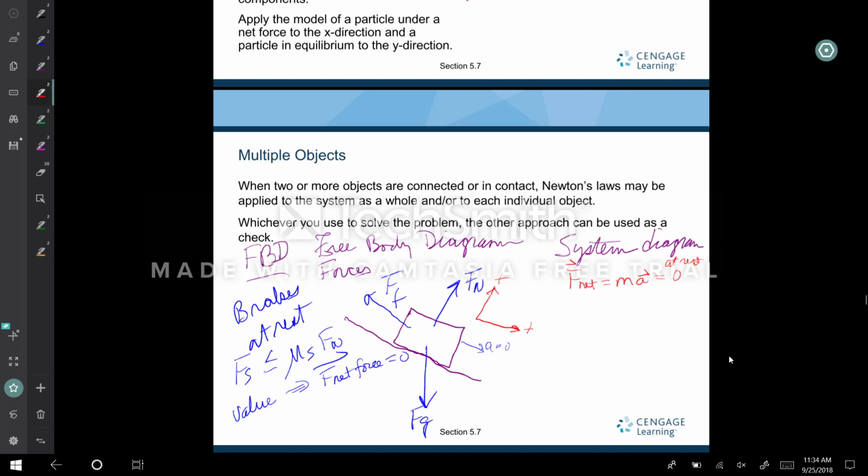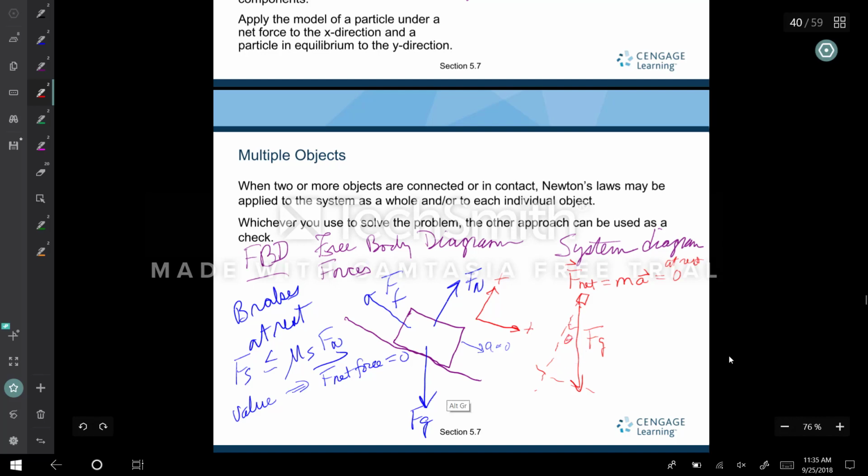That's all along the horizontal axis. Do I have to find components for the gravity? Yes. I have to find components for F sub g, and I want them to be components that are along my axes.